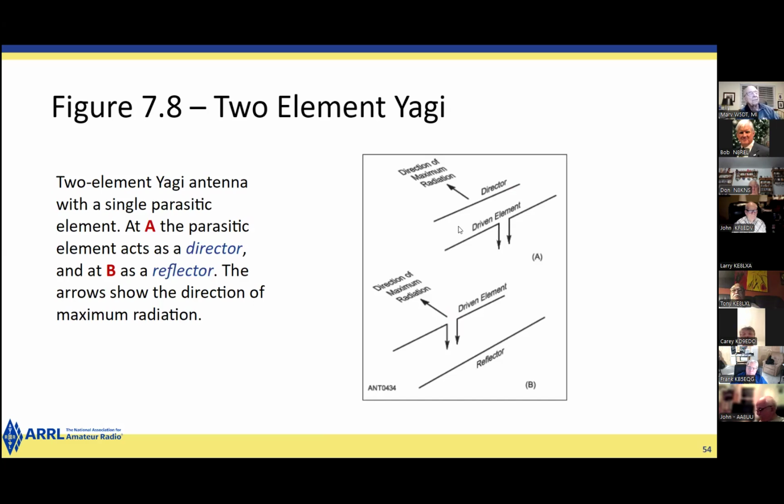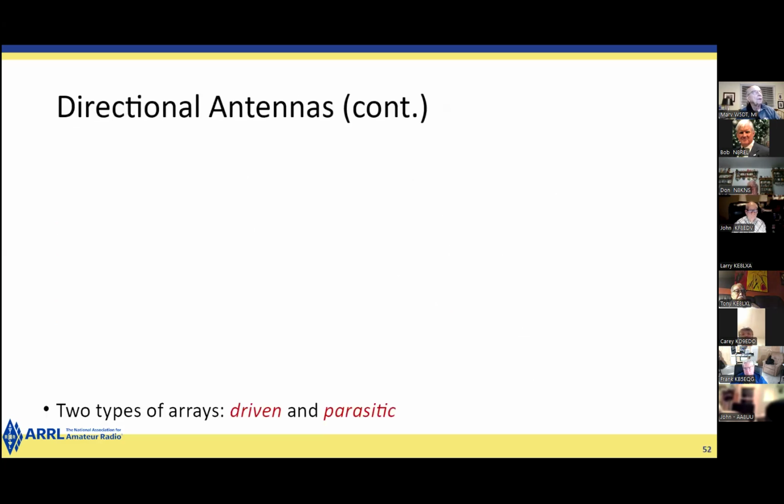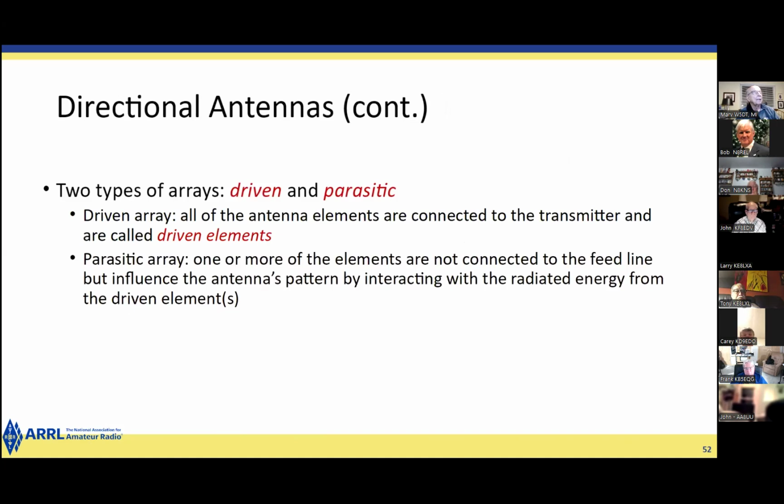In other words, the director on A looks like the reflector on B. So I guess the question is, is it the length that determines the direction of the received signal? The length of it? Okay, so the two pictures are mirror images of each other, A and B. Yeah.